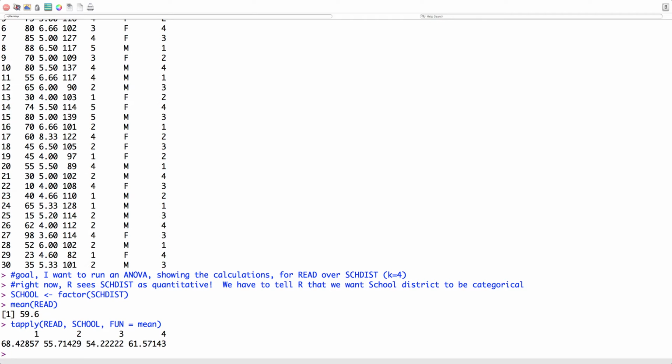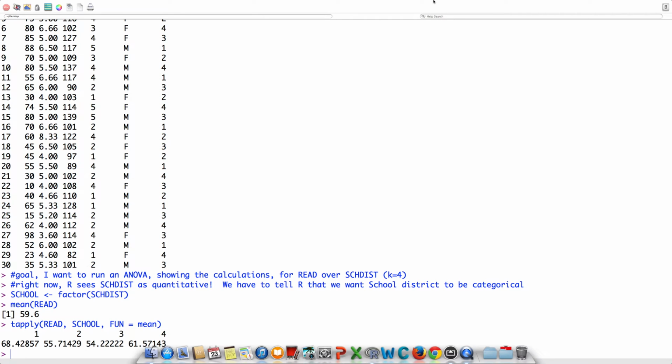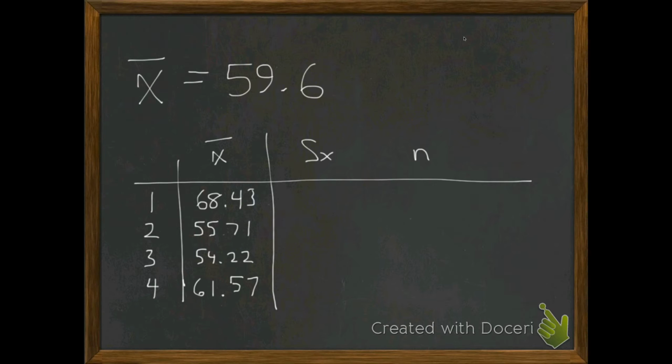Alright, so my group means are going to be 68.43, 55.71, 54.22, and 61.57. So just to give you an illustration of what I'm doing here, just the obvious.